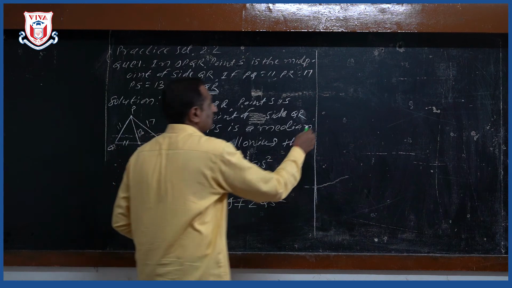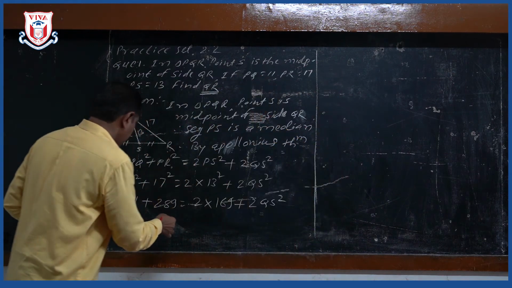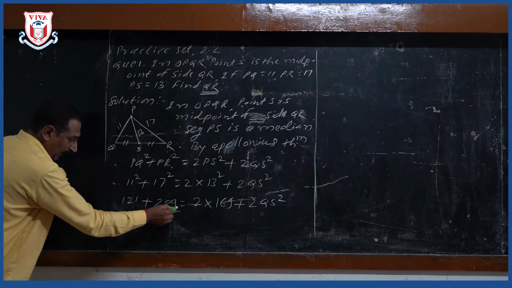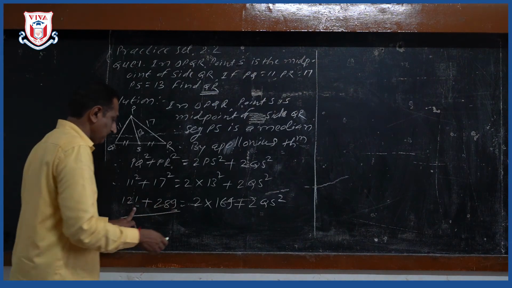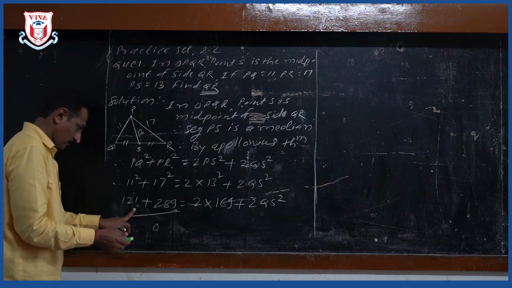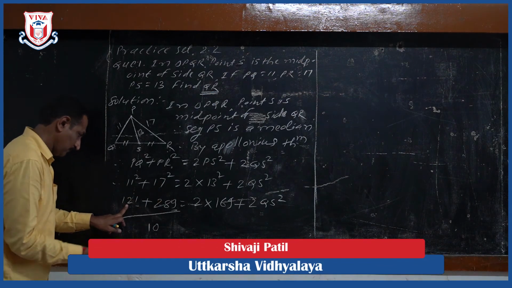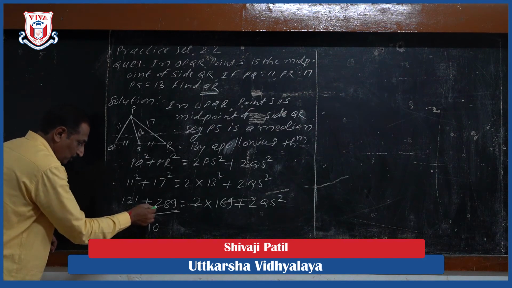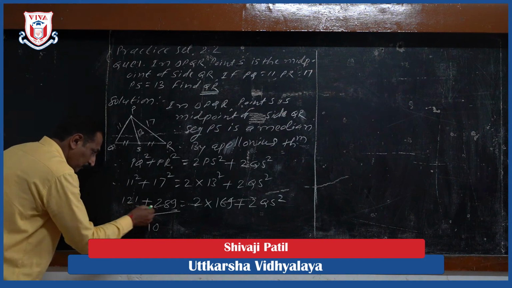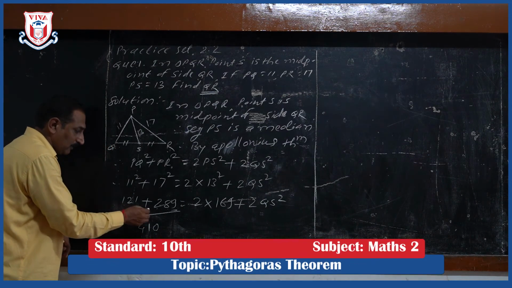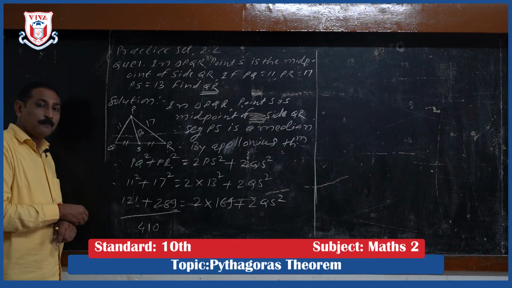Now next, the sum of 121 plus 289: 9 plus 1 is 10, 8 plus 2 is 10 plus 1 is 11, carry 1, 2 plus 1 is 3 plus 1 is 4. So 121 plus 289 is equal to 410.